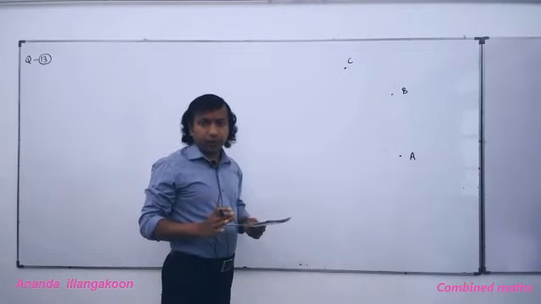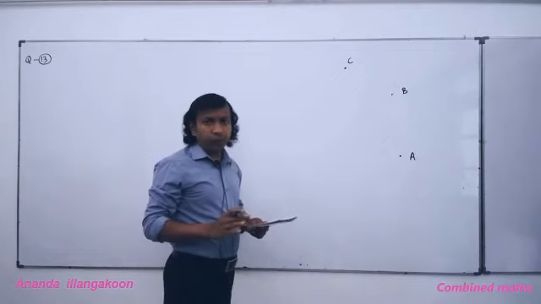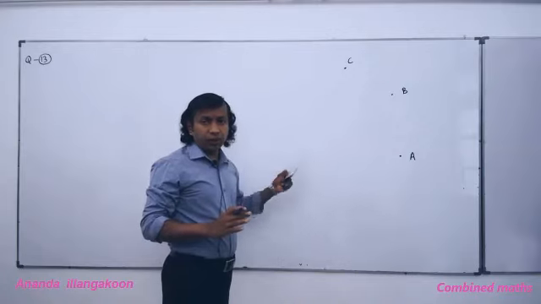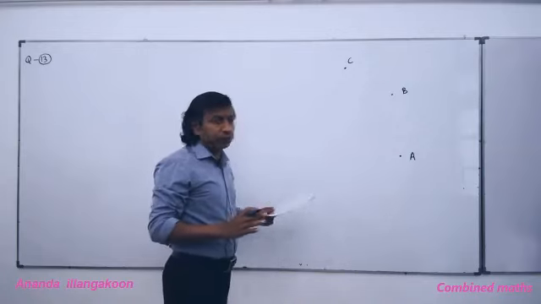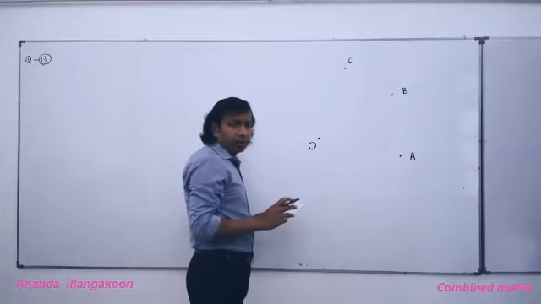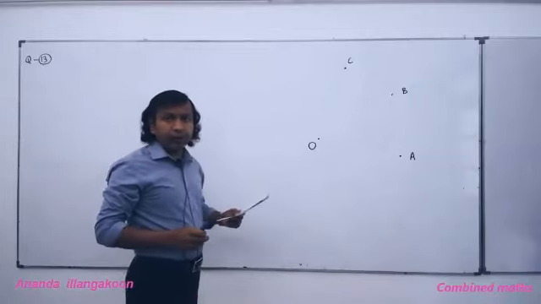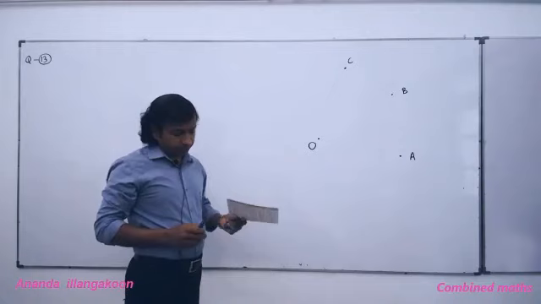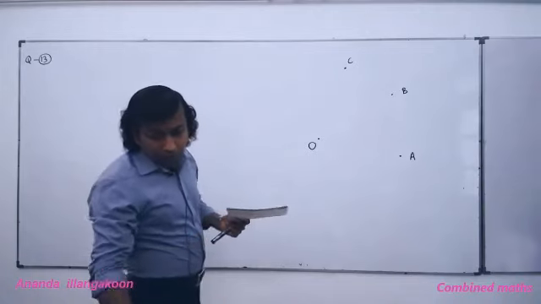The vector origin is O. The point O can be anywhere on this white plane. So I mark that point O like this. It is not compulsory to mark the origin O, but I'll take it somewhere here.